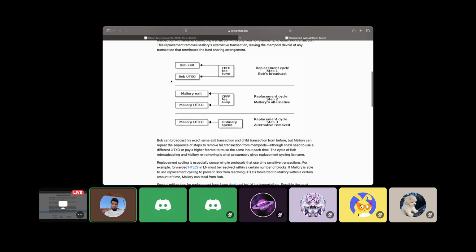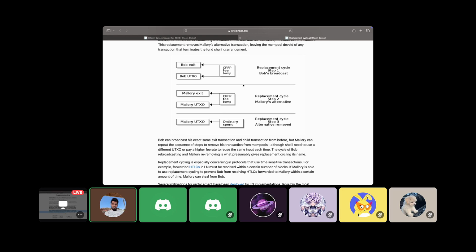So Bob wants to exit that transaction. Bob broadcasts his version of the commitment transaction. Now Mallory broadcasts her version of the commitment transaction. These are conflicting because the versions are different, but the inputs are the same, and two transactions having the same input cannot be mined at the same time. You cannot spend the same Bitcoin twice.